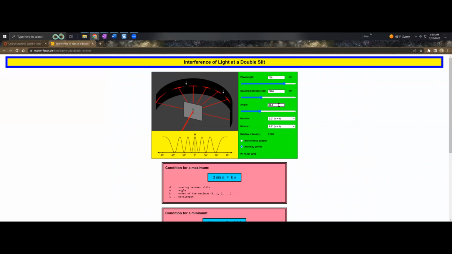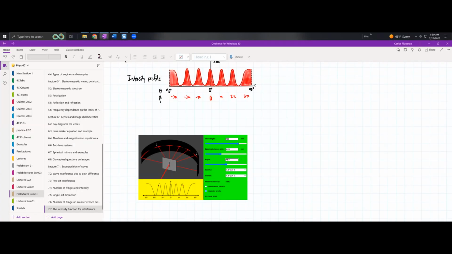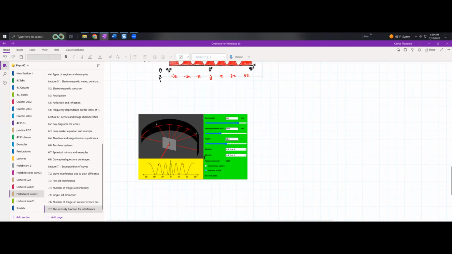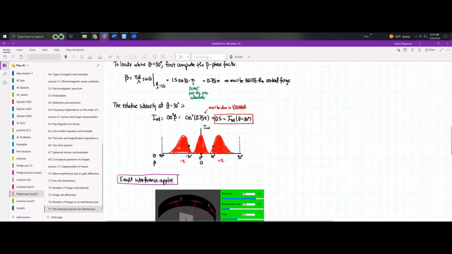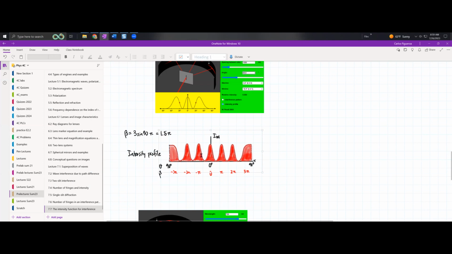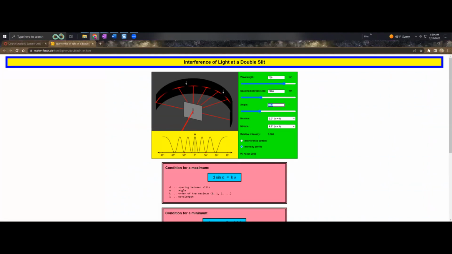And let's not pick an angle of... do I want to pick a different angle? I think I'm going to pick a different angle. Let's pick the angle 45 degrees. And this intensity is 0.862.